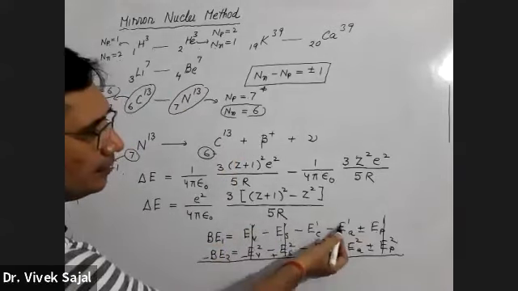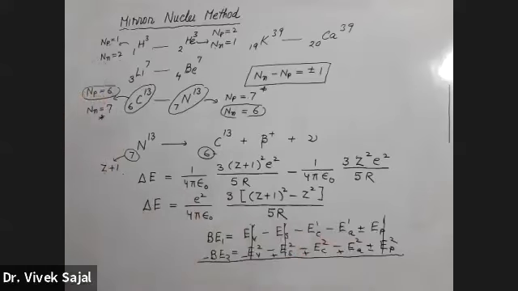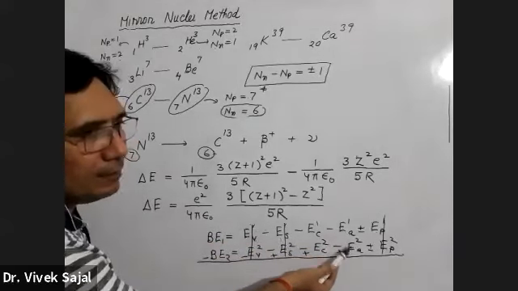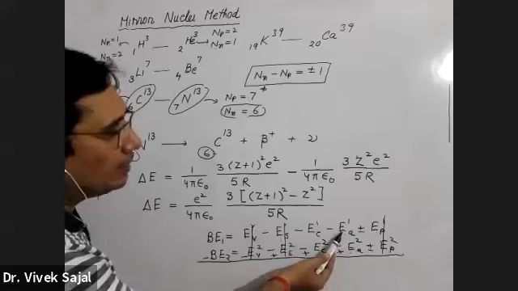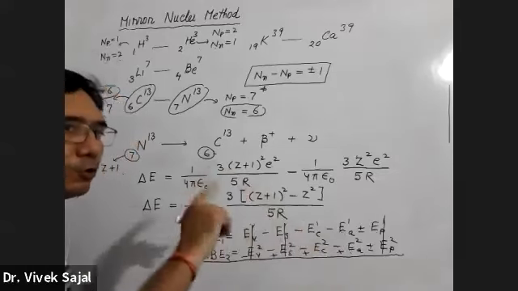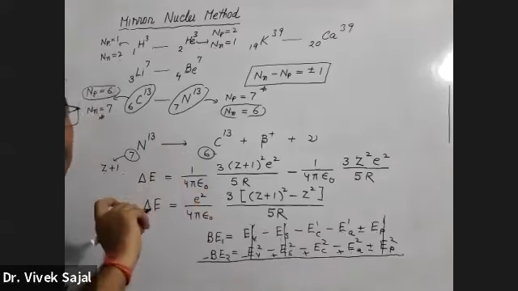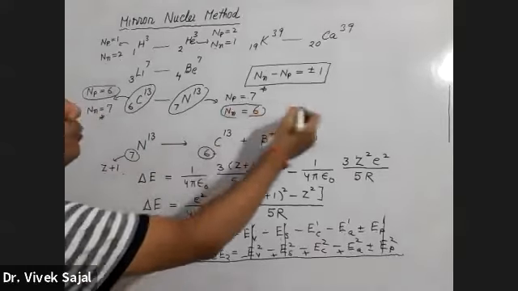This term depends upon A as well as the square of the difference between neutron and proton. One, dependence on A, that will be the same for both nuclei, and it also depends upon the square of the number of neutrons minus number of protons. Number of neutrons minus protons कितना होता है?